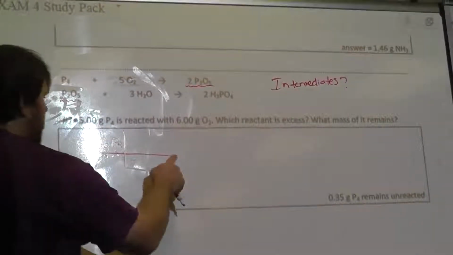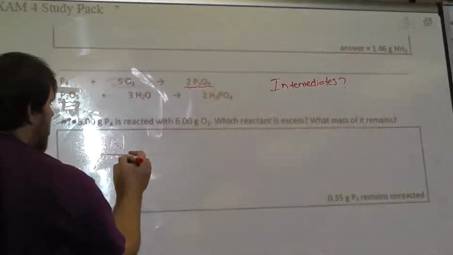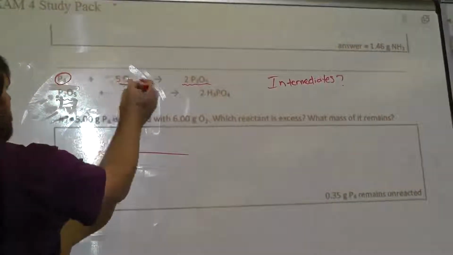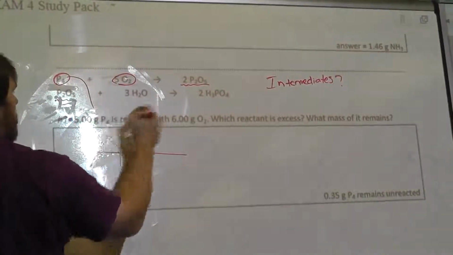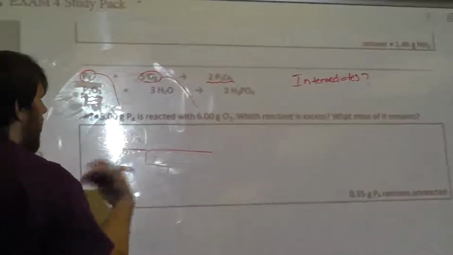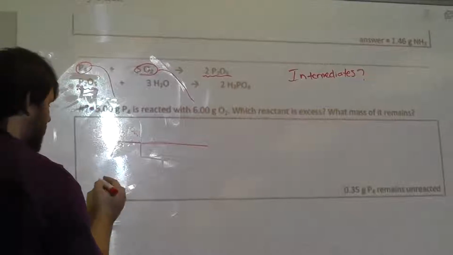So this is a limiting reactant problem. Since both of the reactant quantities were given, we're wanting to see which one's going to run out first, so you have to work them at the same time.